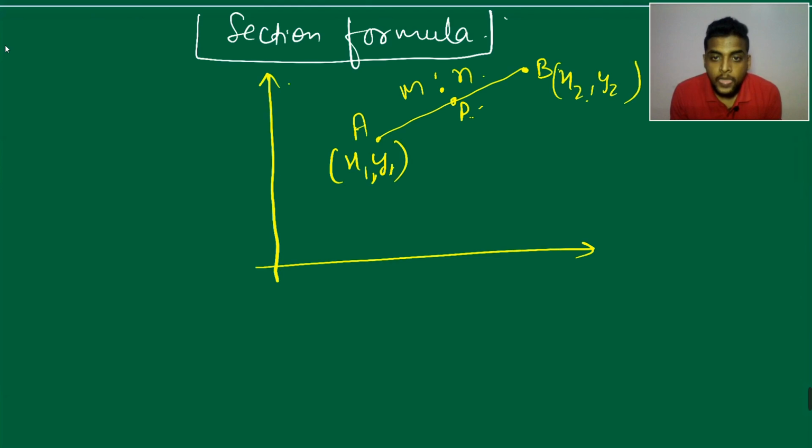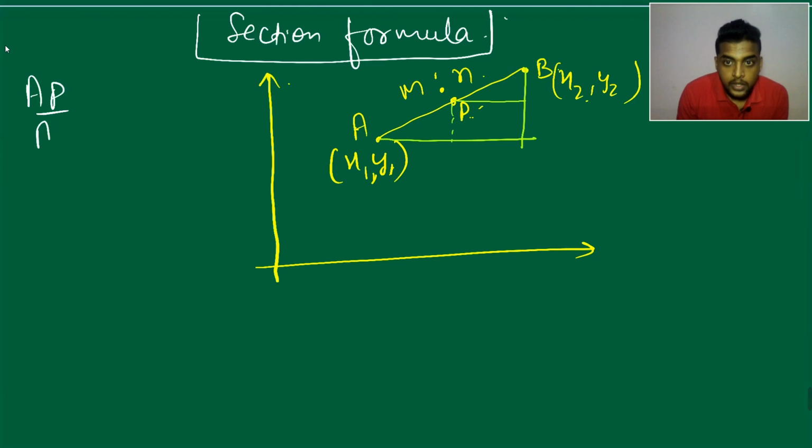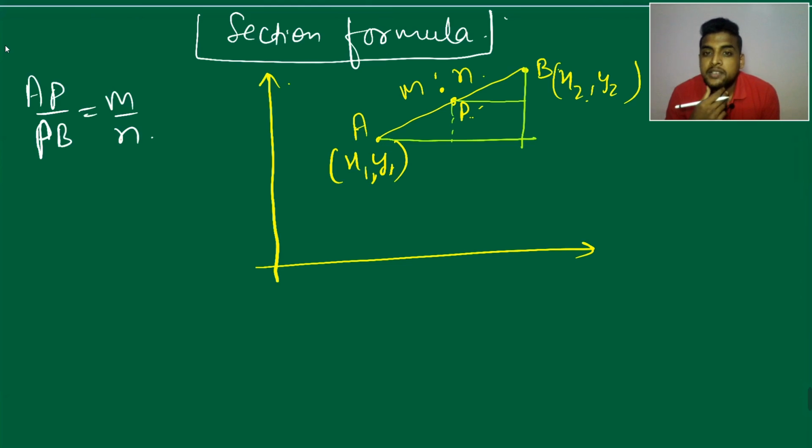Let me tell you. Everyone, please tell me what we have been given. We have been given AP upon PB equal to m is to n. We have just studied Class 10, so we know things like similar triangles. We have been given AP upon PB, so don't you think somewhere it has used the similar triangle idea between this triangle and this triangle?